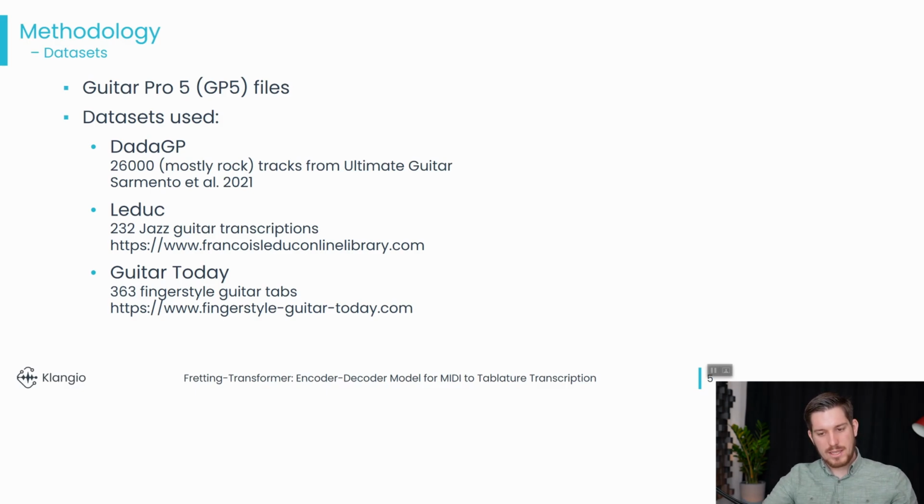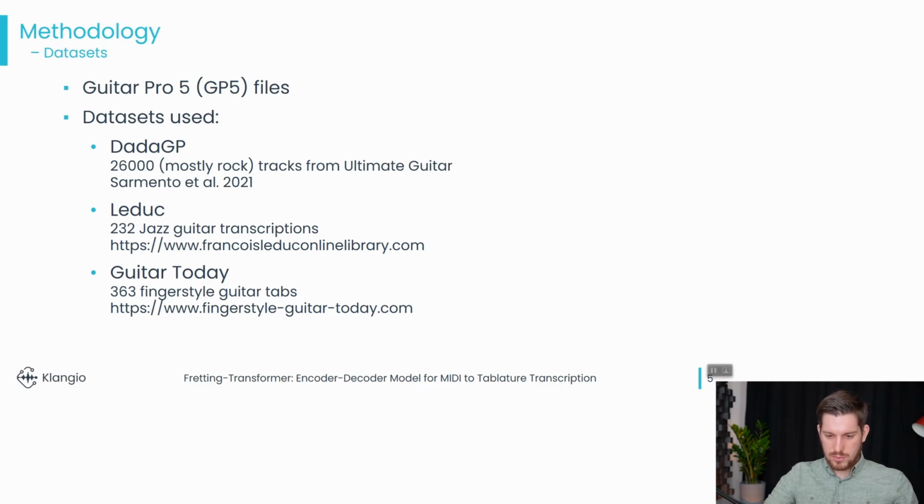And the dataset has a huge problem, because some of the tracks are really handcrafted transcriptions, handcrafted notations with high quality, but a lot of the songs that you find in the dataset have been algorithmically created from MIDI files, which are not very well suited for our deep learning task.